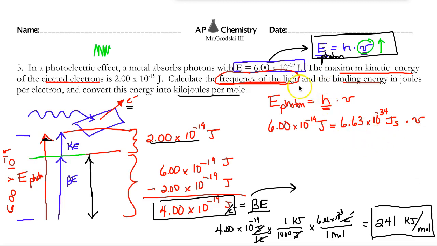So if I solve for the frequency, because they're asking for the frequency of light, what do I get? Do my algebra: 6.0 times 10 to the negative 19 joules over Planck's constant, 6.63 times 10 to the negative 34, another constant given to you in your reference table. Remember that Planck used that constant to satisfy the ultraviolet catastrophe.